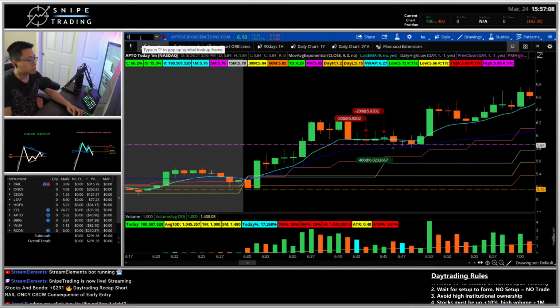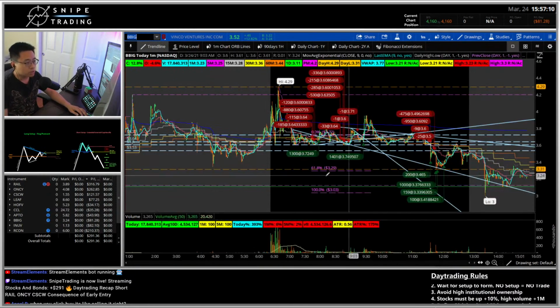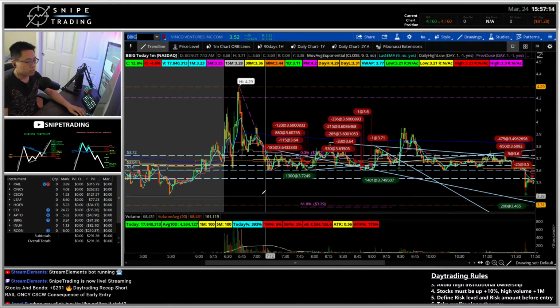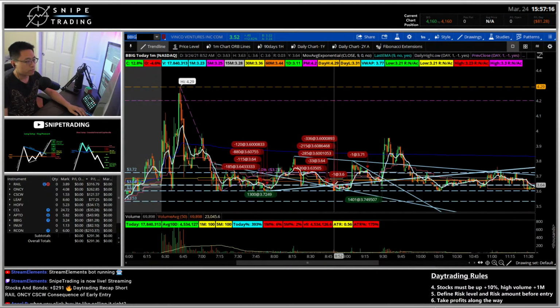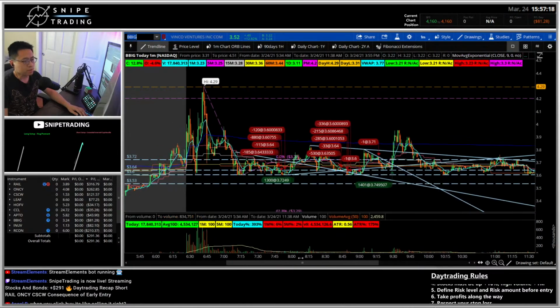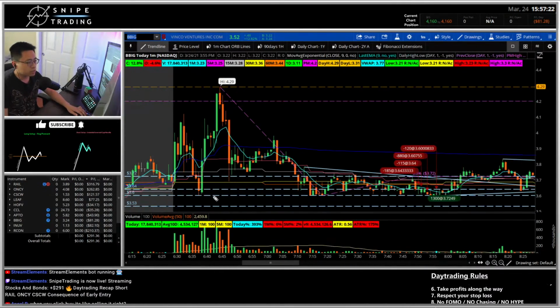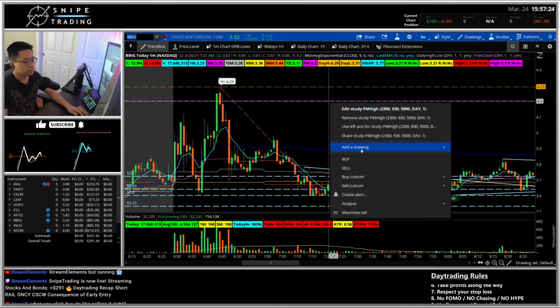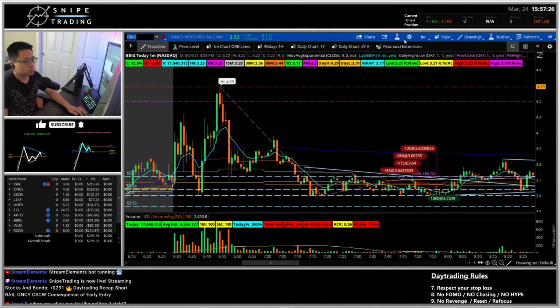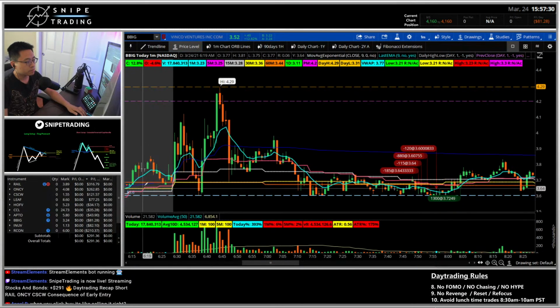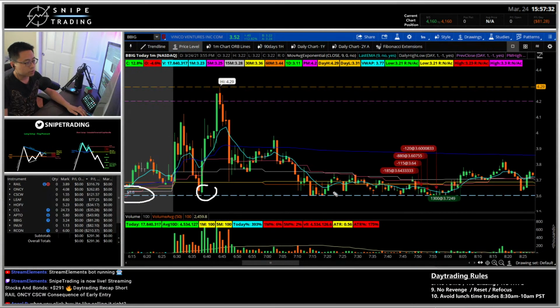Next trade is BBIG. BBIG was my biggest loser. I was actually down 600, or 500, and I ended up recouping those losses. You can see this 360 level, a very, very important key level.